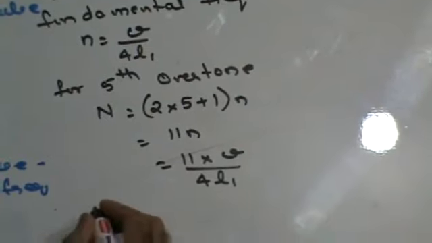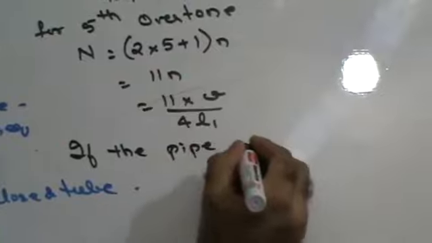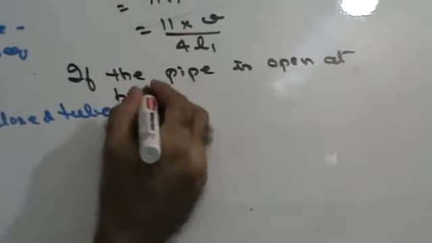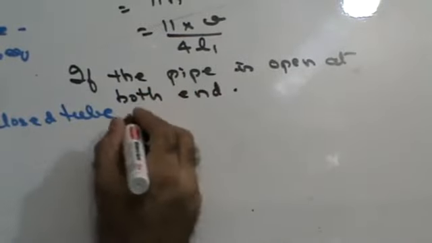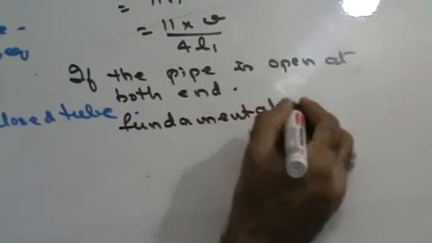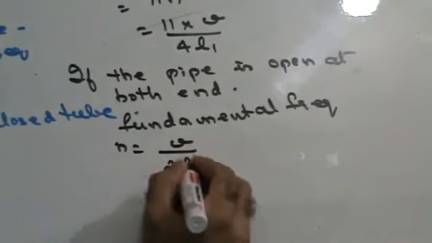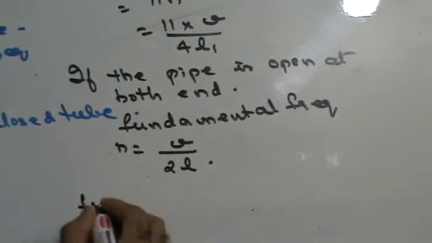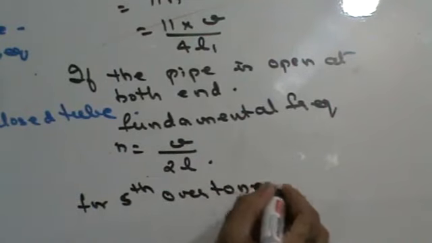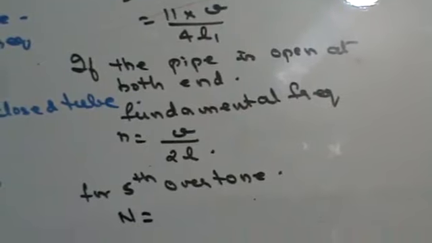Next, if the pipe is open at both ends, the fundamental frequency N will be V upon 2L. For the fifth overtone, for an open pipe, the overtone is nothing but N plus 1.